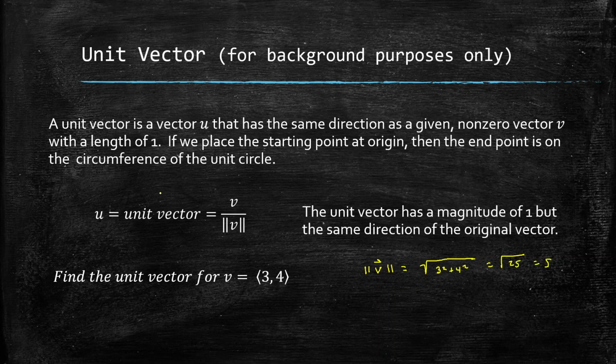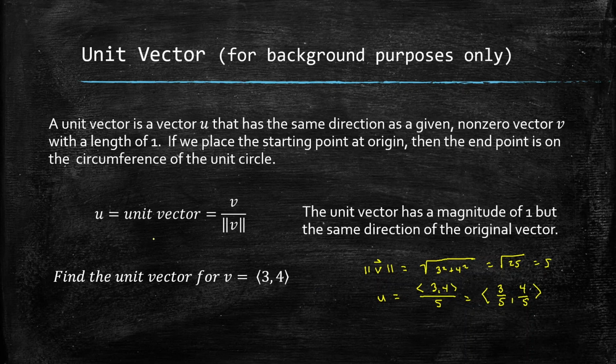So then my unit vector u is v, which was 3 comma 4, divided by 5. So I take 3 over 5 and 4 over 5. Those are my new x and y pair that will put my vector on the unit circle, or 1 from the origin.